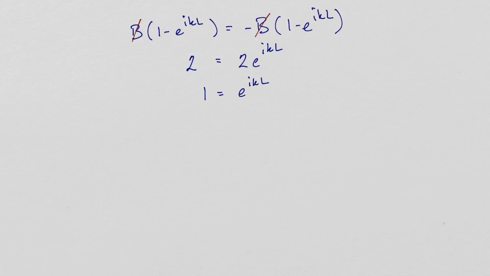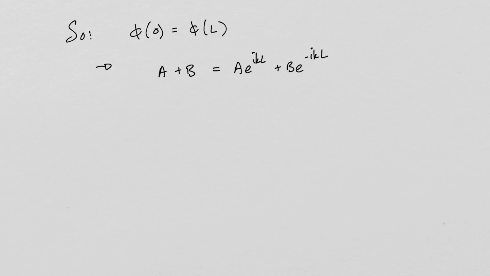And that means that e to the i kL has to be equal to 1, which means that kL is equal to some integer times 2 pi, which means that k is equal to 2 pi over L times some integer. And there I get my quantization condition. I know now what values of k can exist, and that there is an integer number of them, and that's how they're indexed.